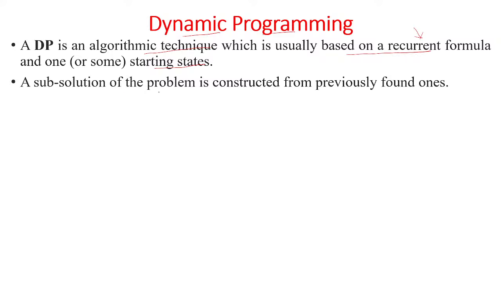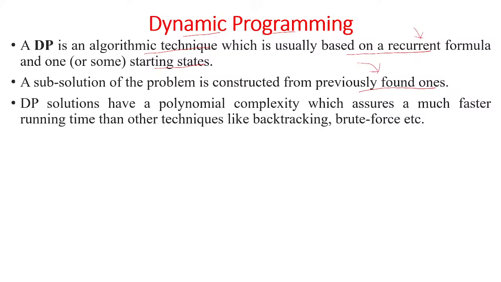A sub-solution of the problem is constructed from previously found ones. Sometimes, for a given subproblem, you can identify the solution from previously calculated values. That's how the DP technique works.